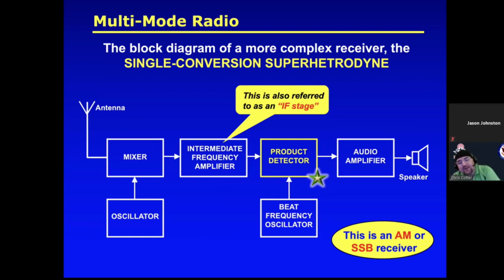It's going to be converting it into the actual audio. Then it's going to go into the audio amplifier and out to your speakers. So your product detector is your important piece right here. This is what's going to kind of get rid of all that stuff that you're not interested in and present you with something that you can actually use.